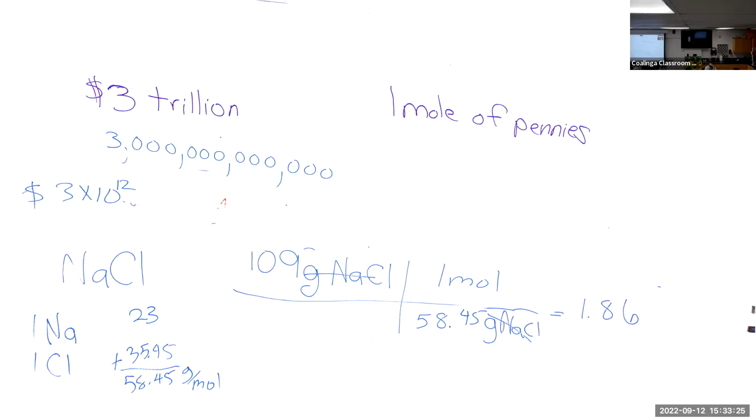Yes, because you'll never use the molar mass to determine the number of sig figs. So how many sig figs? 3. So then my answer should have 3. 1, 2, 3, right? And then I know this is moles of sodium chloride. Everybody got that down? Okay, so now we know how to calculate moles if we're starting off with grams.